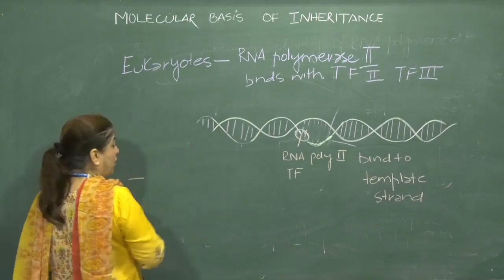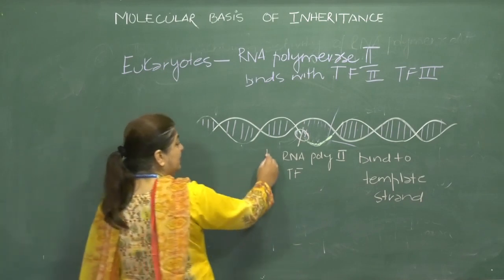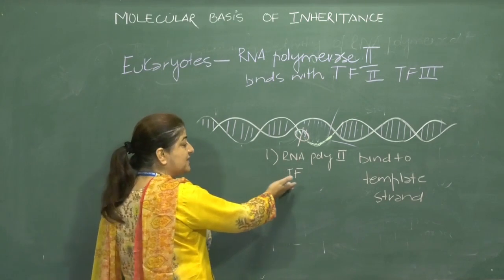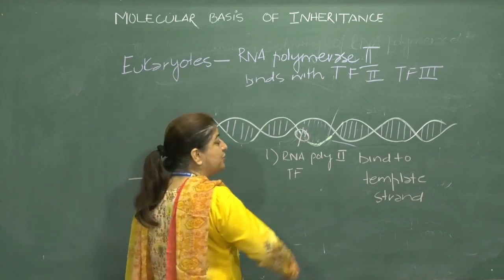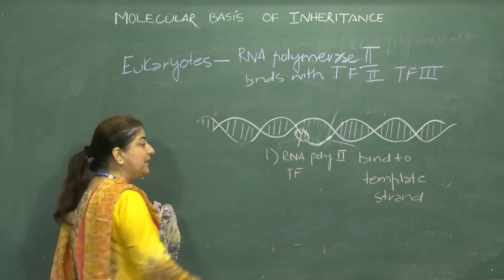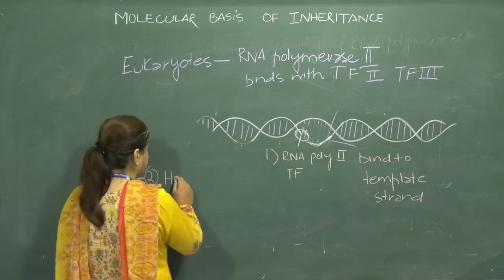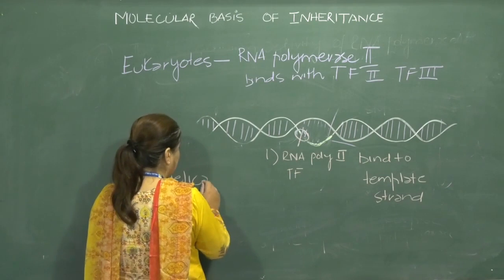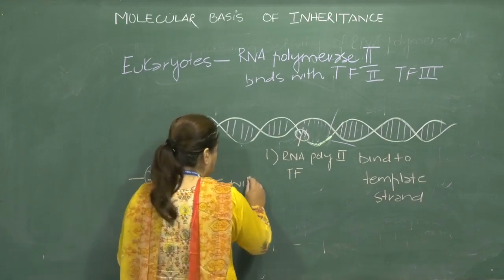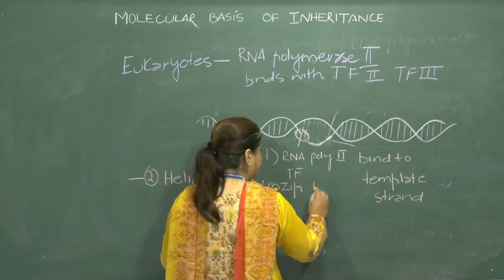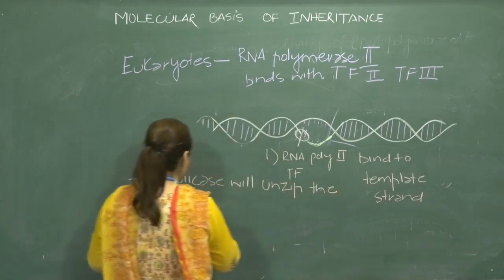So the first step will be that RNA polymerase along with the transcriptional factors binds to the template strand. Second, helicase will unzip the two strands.